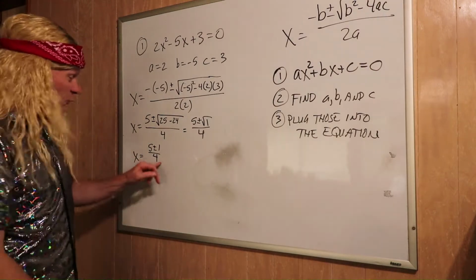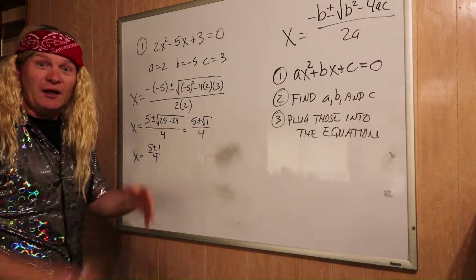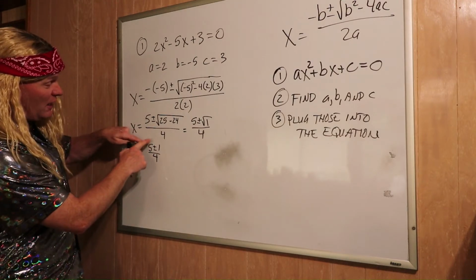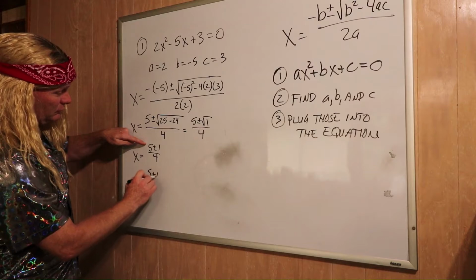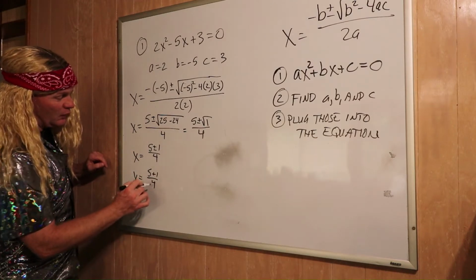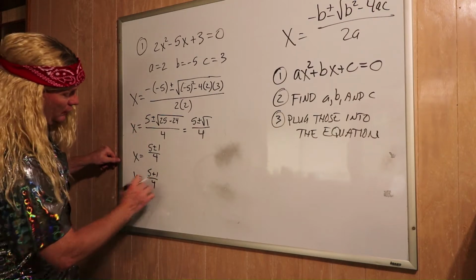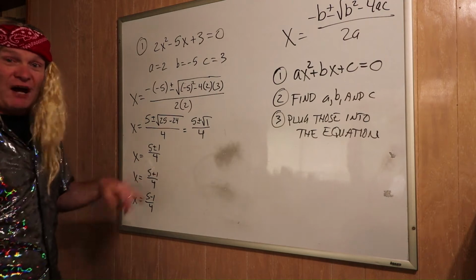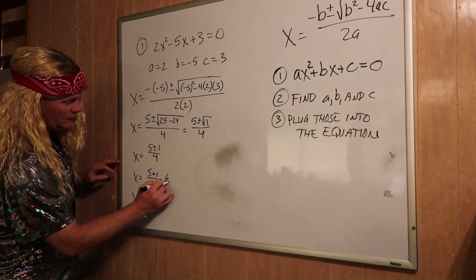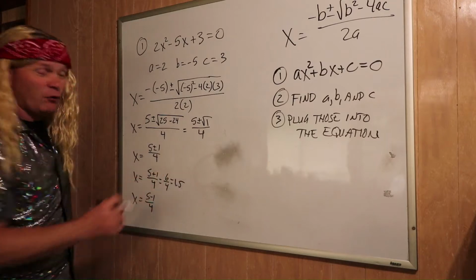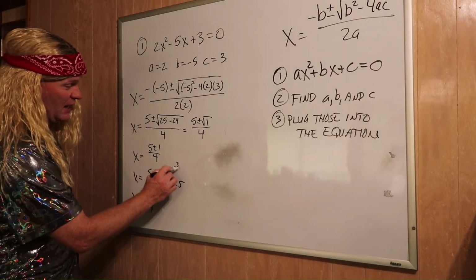Okay, when you get to here, is when I recommend splitting it into two equations. Remember, what this means is 5 plus 1 over 4 is going to be one of our answers. And the other one is going to be 5 minus 1 over 4. Okay, 5 plus 1 is 6. 6 over 4 is 1.5, or if you like decimals, it'd be 3 halves.